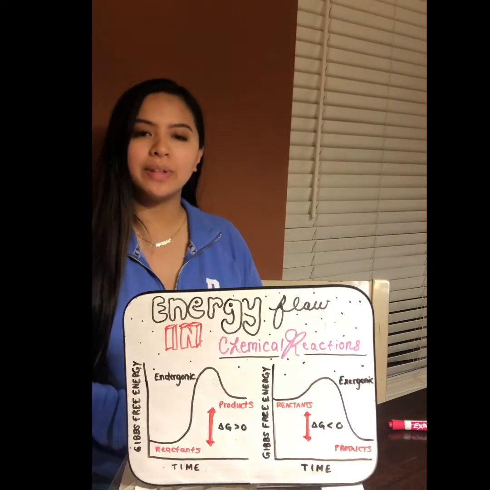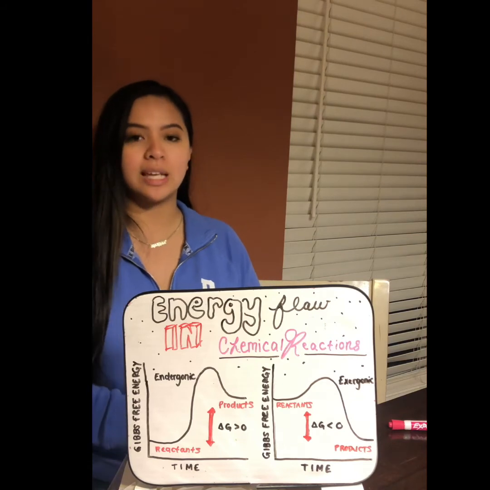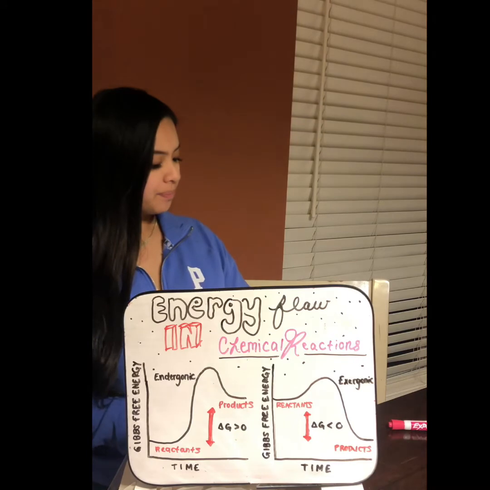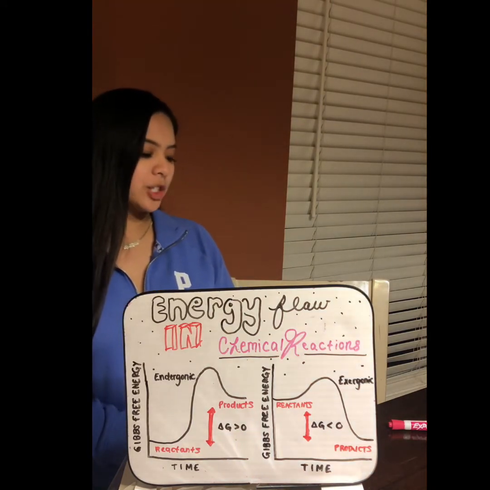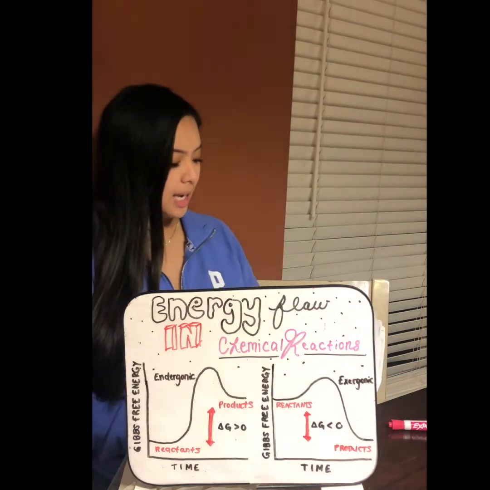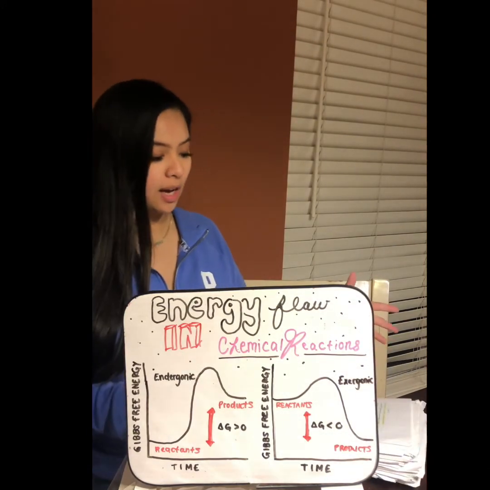Next, we'll be talking about the energy flow in reactions, and there are 2 types: endergonic and exergonic. An exergonic reaction is a reaction that releases energy. It's catabolic, and therefore it gives off energy.